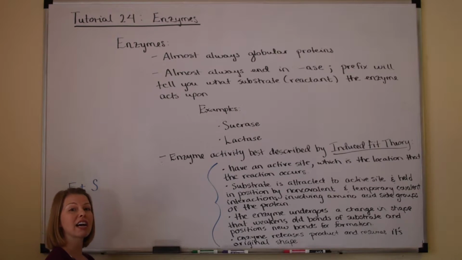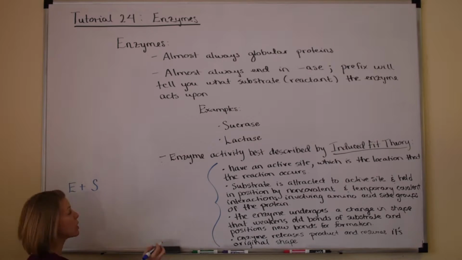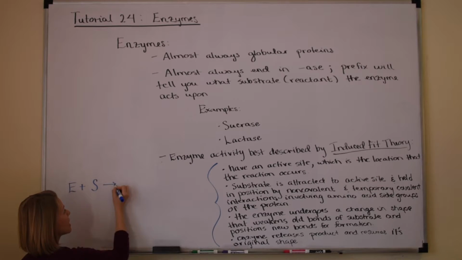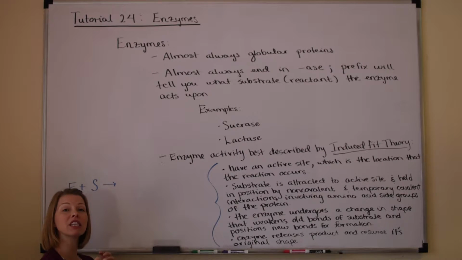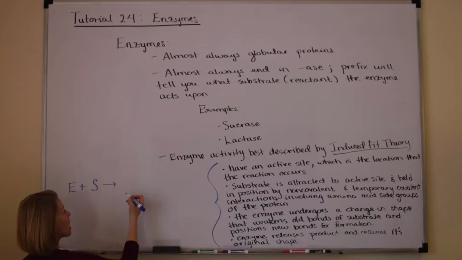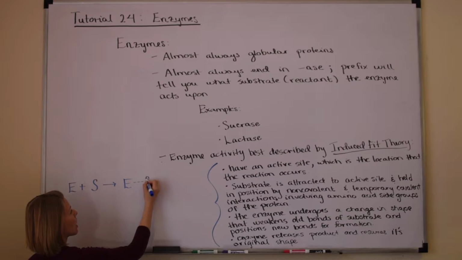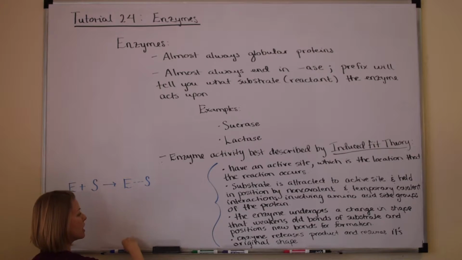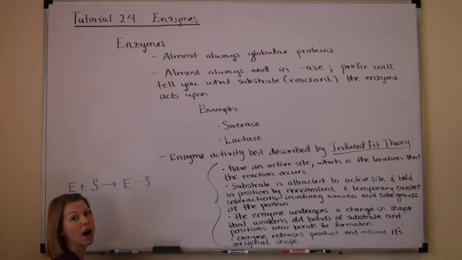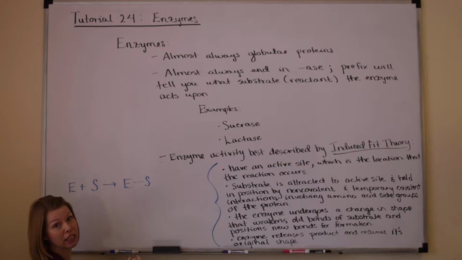The enzyme has an active site, and that substrate is attracted to that active site, and it is held in position in that active site by non-covalent as well as temporary covalent interactions. I'm going to indicate that with this dashed line. So this dashed line is indicating my interactions that hold the enzyme and substrate together.